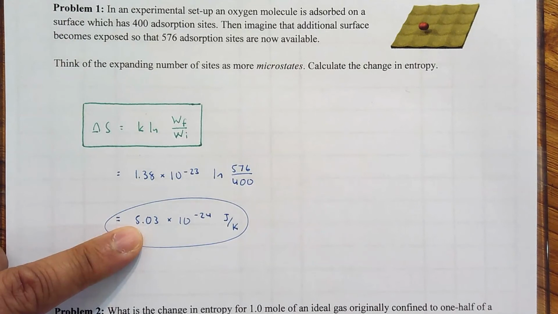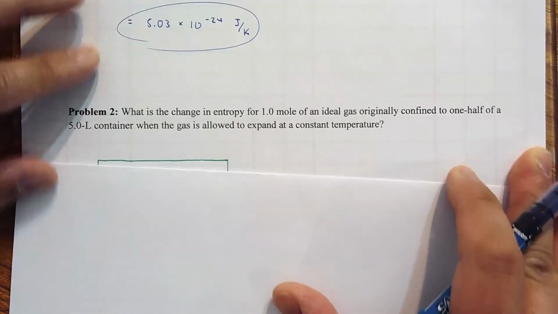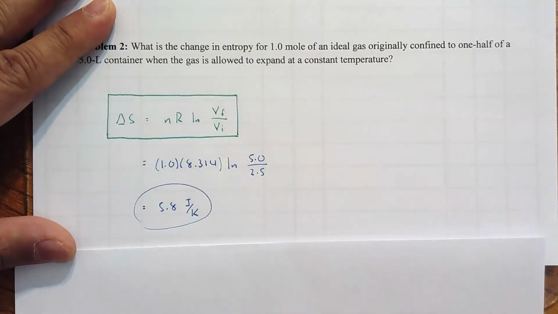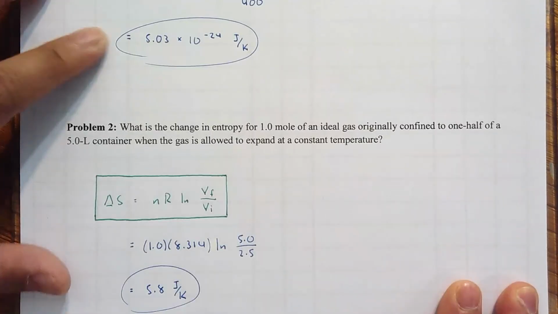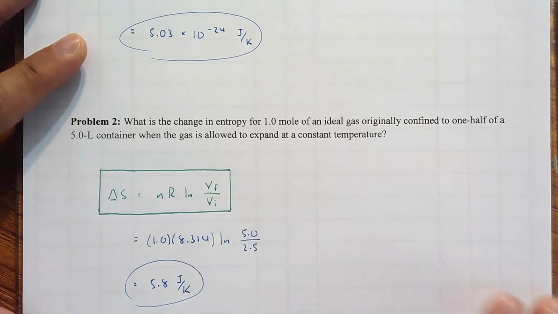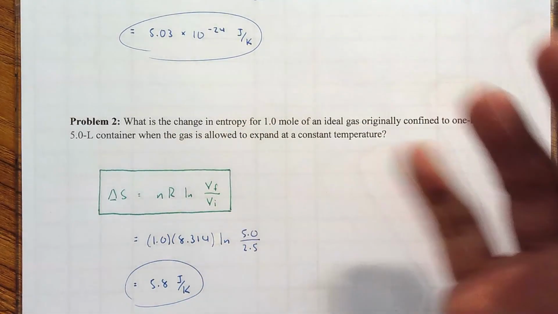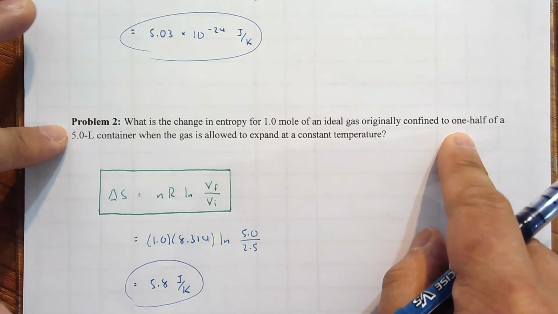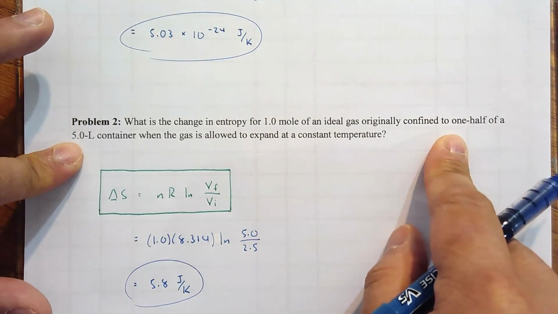So that's a very, very tiny number in terms of its change in entropy. But this one is larger, 5.8 compared to 10 to the minus 24. But that's because we're dealing with a mole of gas, and we're dealing with volume now, fairly large volume actually, compared to what you would imagine for this situation.